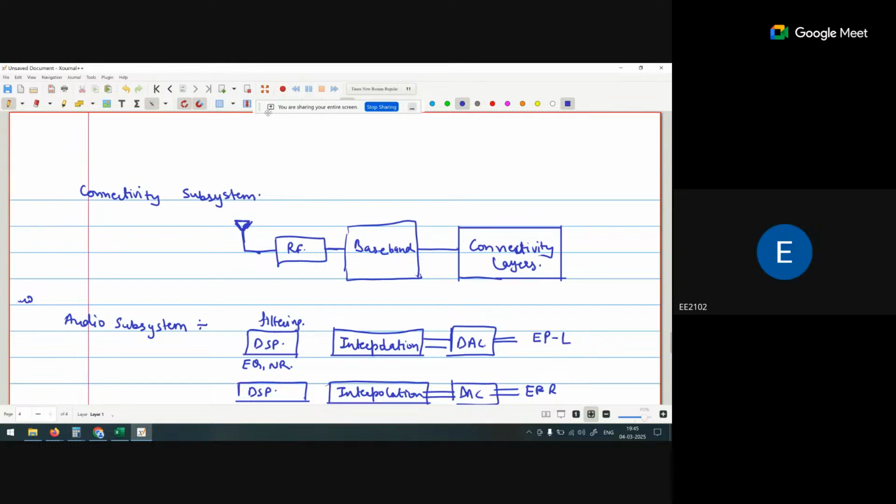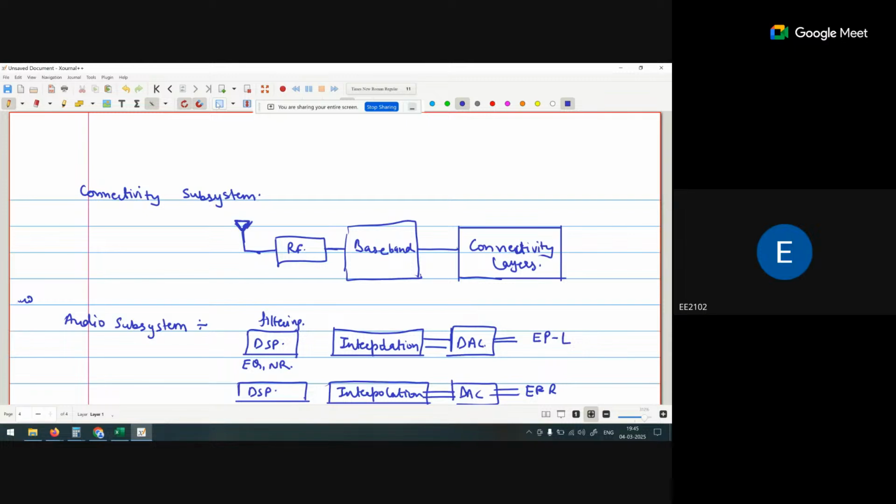Noise removal is very important, because the signal transmitted from the mobile phone to your earbud through Bluetooth or a wireless channel has lots of noise introduced in it. To overcome this noise and to equalize the signal response, we use the equalizer and noise reduction.